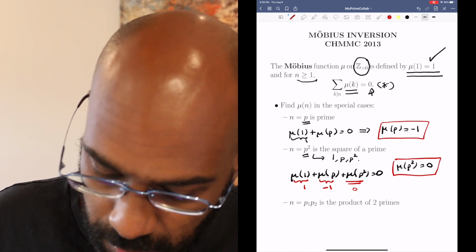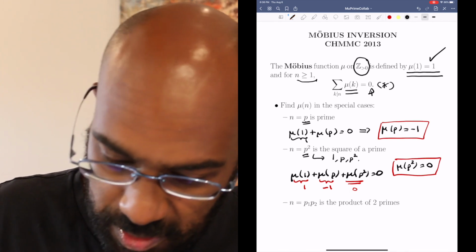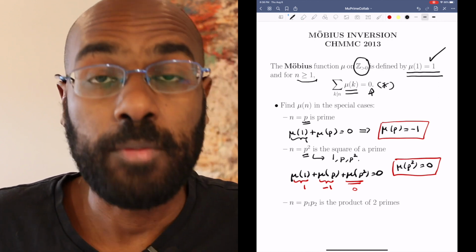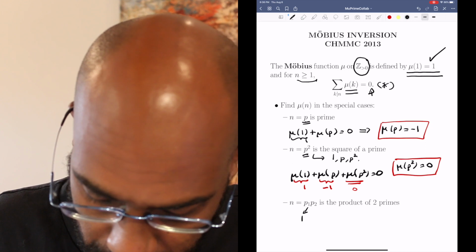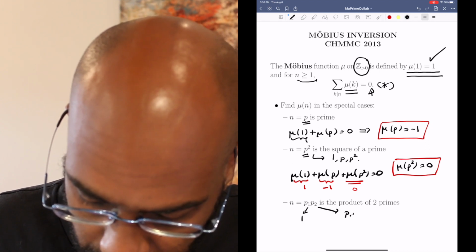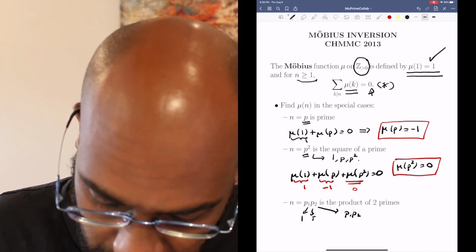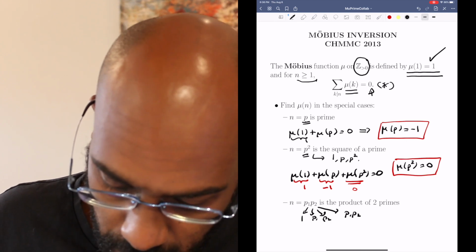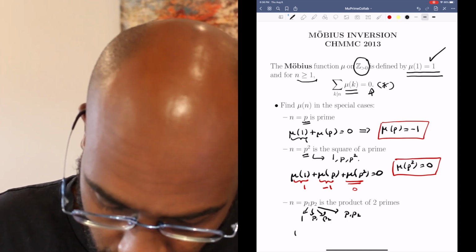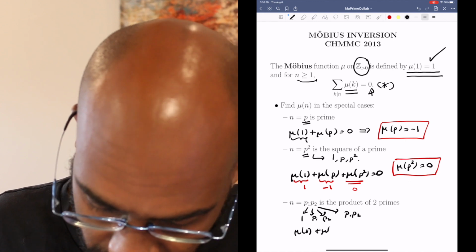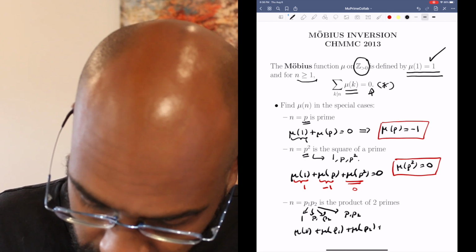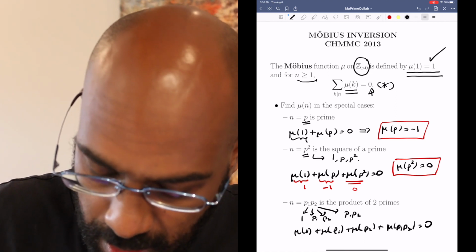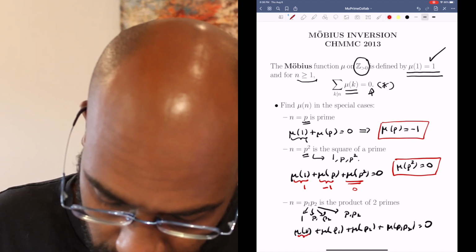And then finally, what about the product of two primes? So we can do the same process that we did here. The product of two primes has 4 possible factors. 1, the number itself, and then the individual primes p1 and p2. Okay. And so we get mu of 1 plus mu of p1 plus mu of p2 plus mu of p1 p2 has to be 0. And we have the information that mu of 1 is 1.